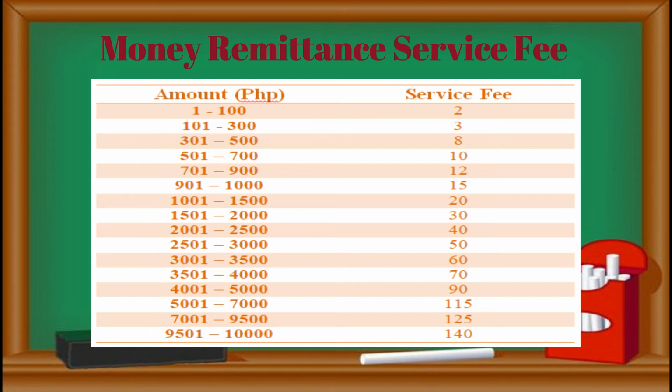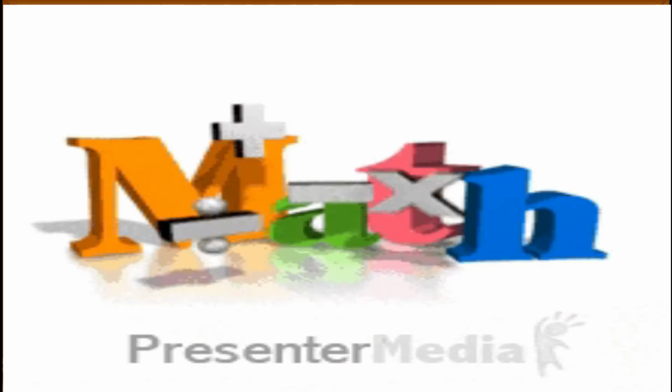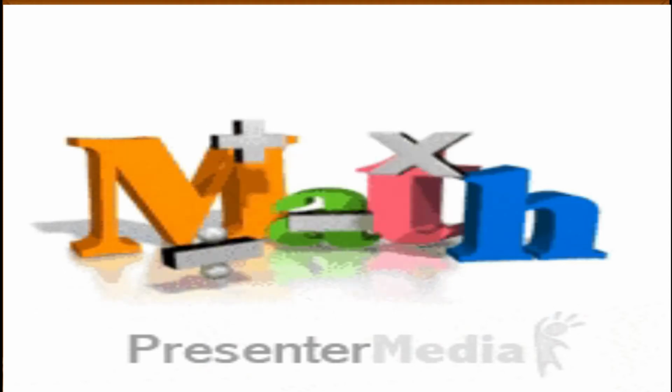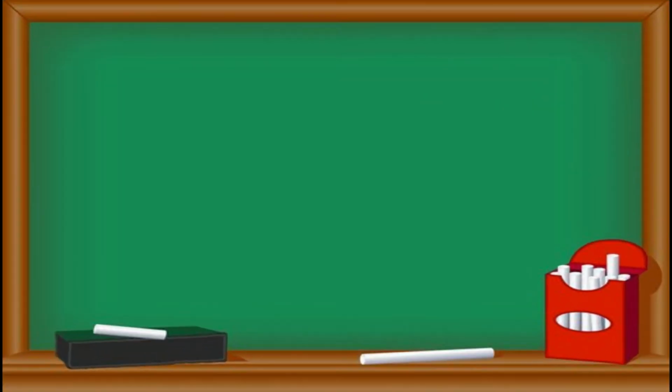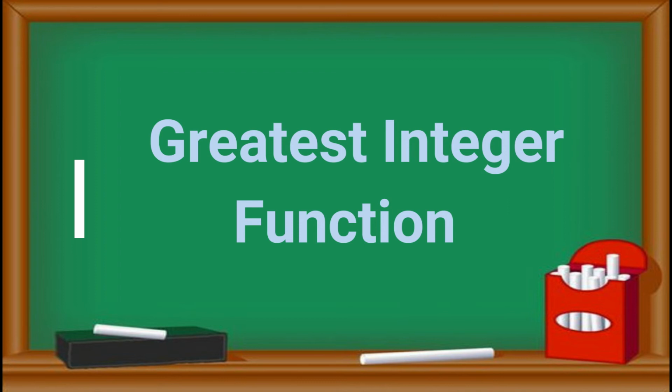For example, if you will send 910 pesos, you need to pay 15 pesos for the service fee. And if you will send 1,000 pesos, you will also pay 15 pesos for the service fee. In mathematics, this is a special type of function called greatest integer function.